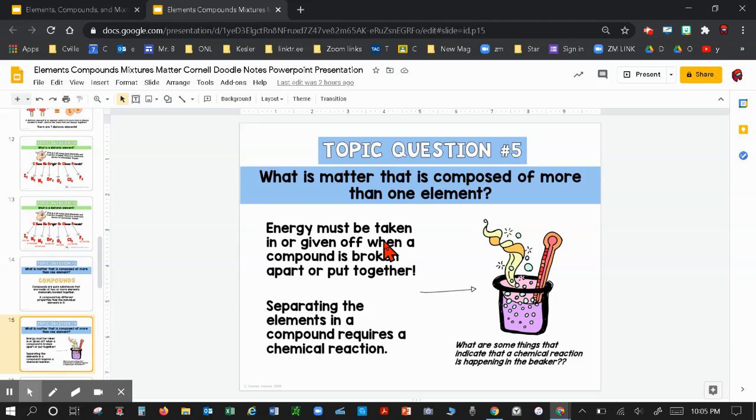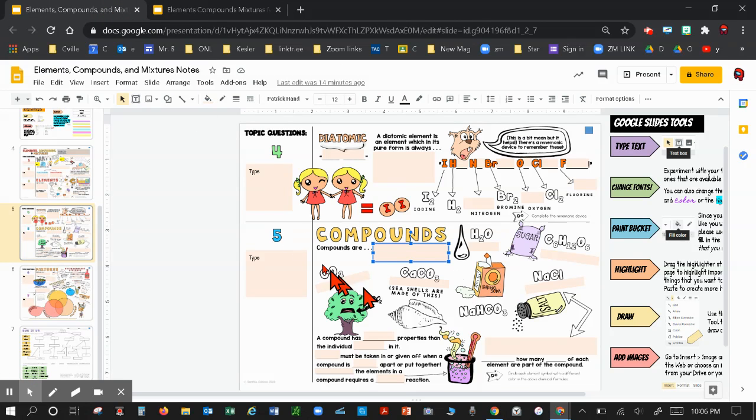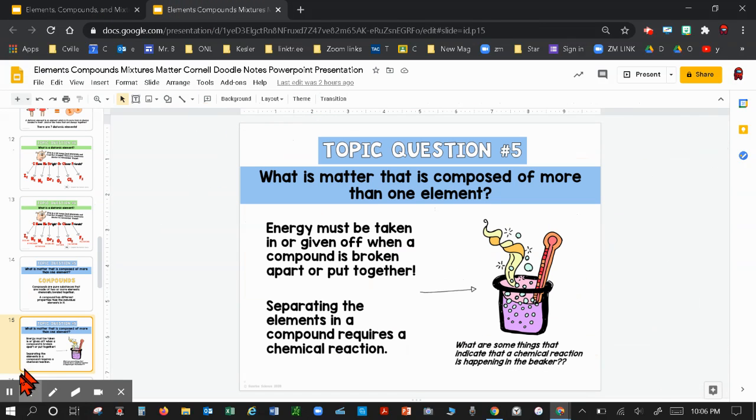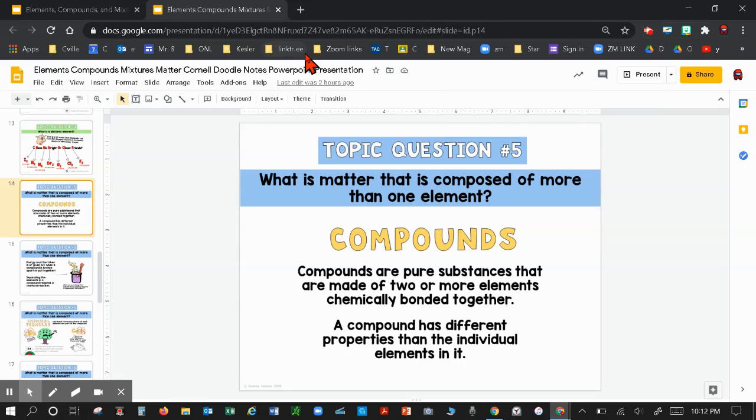So, energy must be taken in or given off when a compound is broken apart or put together. Separating the elements in a compound requires a chemical reaction. Let's take a look. As I shared, compounds are pure substances that are made of two or more elements chemically bonded together.